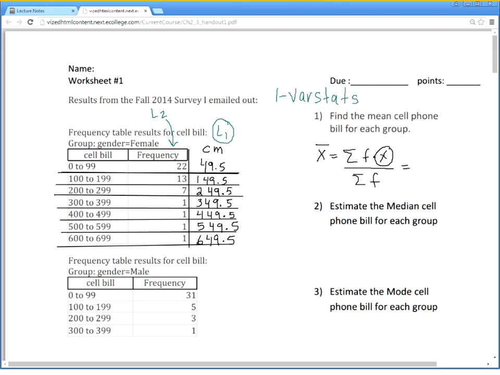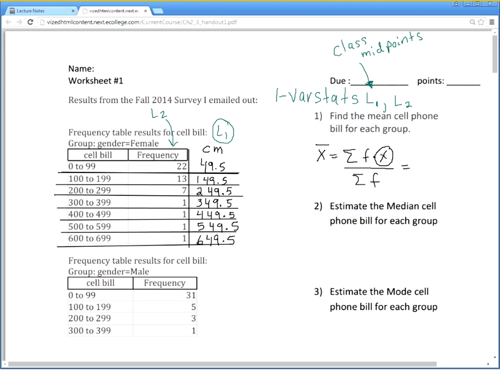Now, in the older type of calculators, it's going to be one-var stats, and then it's L1, comma L2. So when I say L1, comma L2, it doesn't really matter which lists you use, but the first list always has to be where your class midpoints are. That is very important.